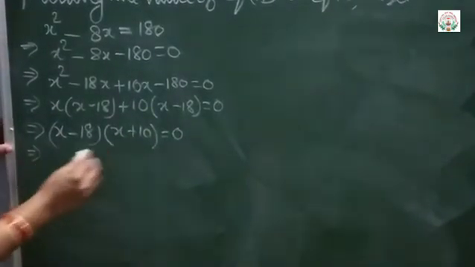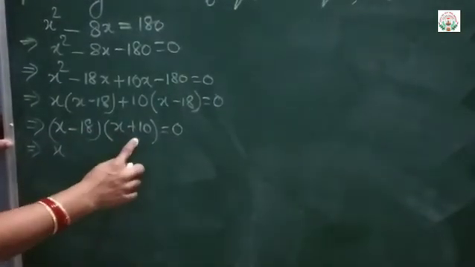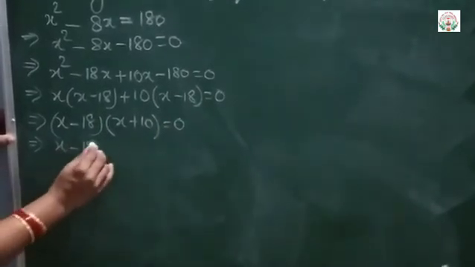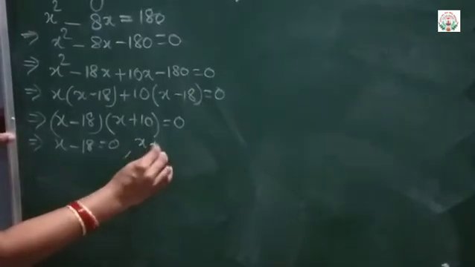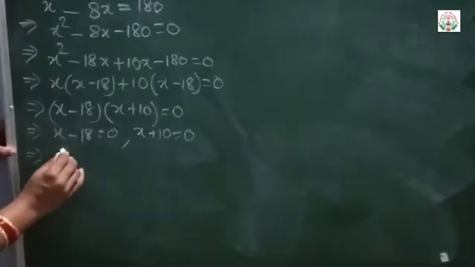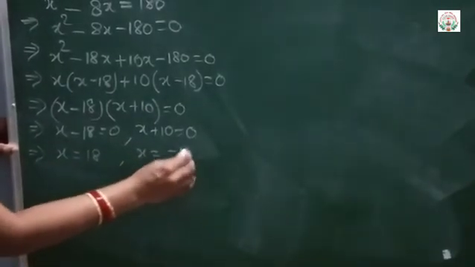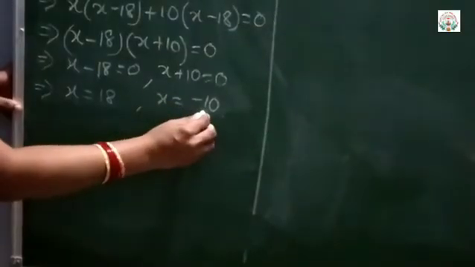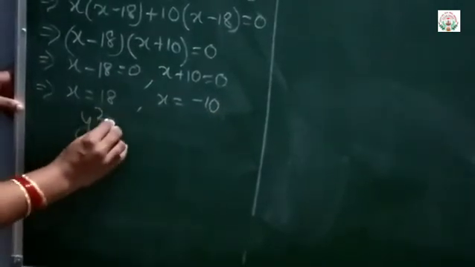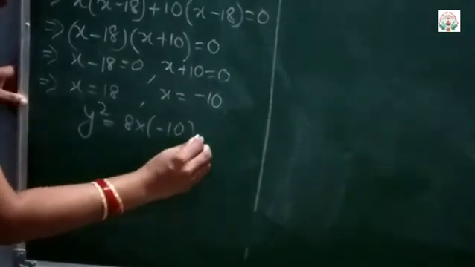Now implies x individually we will do what? Equalizing each term to 0. So x minus 18 equals to 0 and this is x plus 10 equals to 0. Then here implies x equals to 18 and here x equals to minus 10. x equals to minus 10, this value we can't take because when we are taking y square equals to 8 into minus 10, then what we will get?